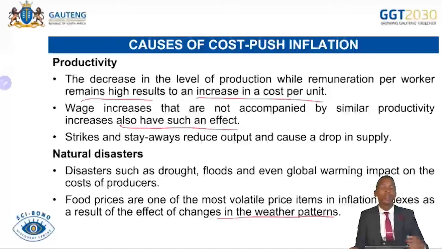So we know that we depend most on the weather patterns to ensure that we have more food production. If ever we have that global warming as well as climate change, we come across less harvest. Because of that, there will be a lower supply of food within the economy. Then that will lead to higher prices, because as supply drops, that will increase prices in the economy, and that is a part of the cost push inflation.